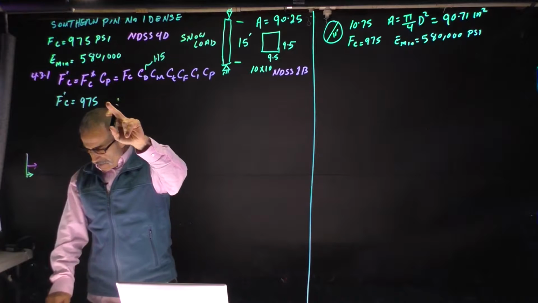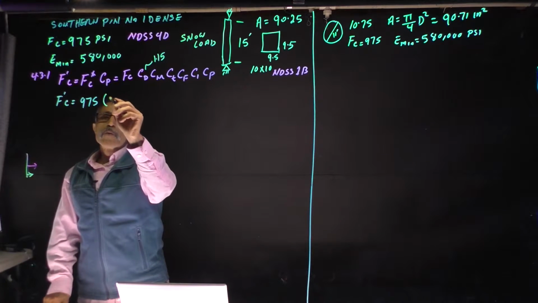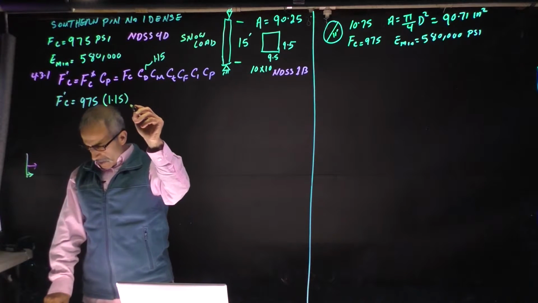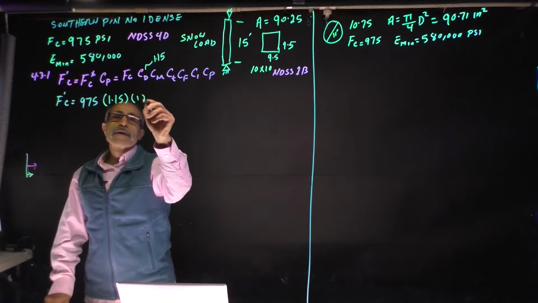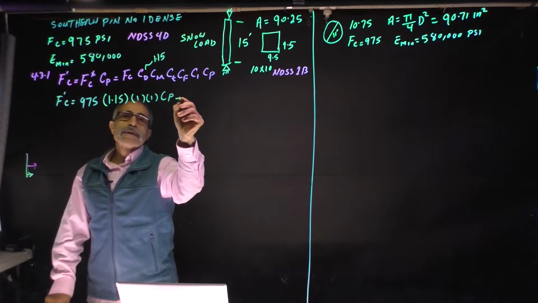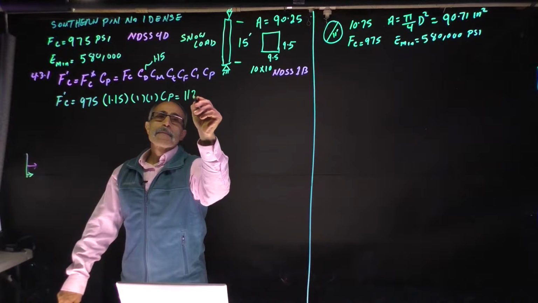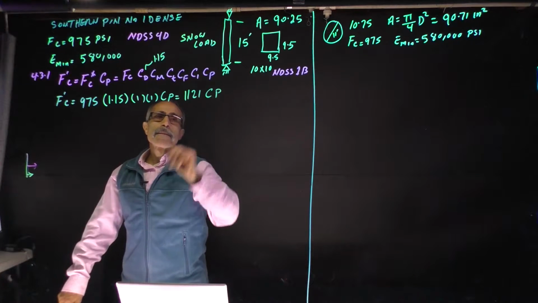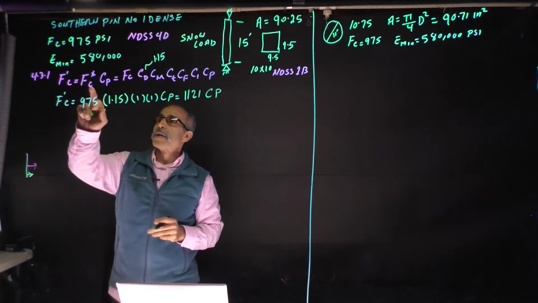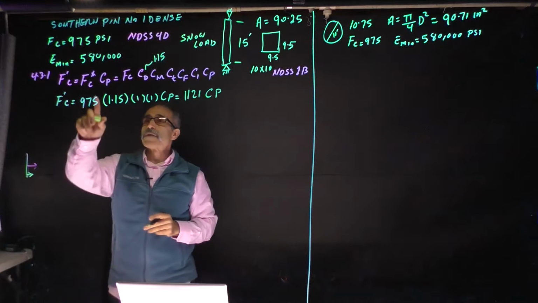Therefore, we're going to have 975 times 1.15 times 1, and CP, so that comes out to 1121 CP. Basically, 1121 becomes F star c.